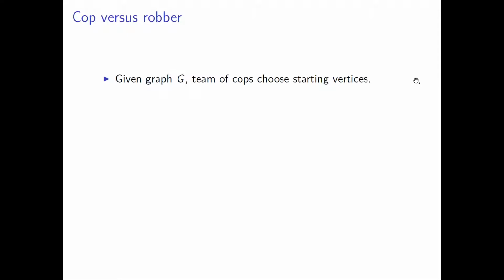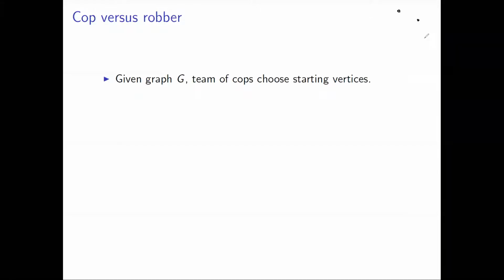So with cop versus robber, we start with some graph G. So I'm going to draw a graph. Here's just some graph. And we're given that graph.